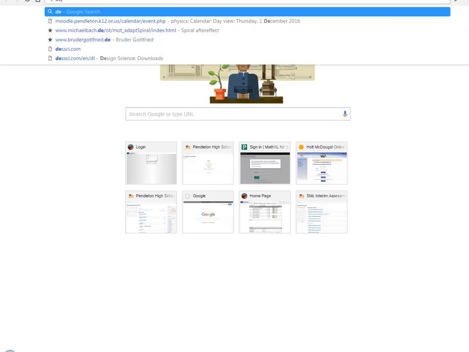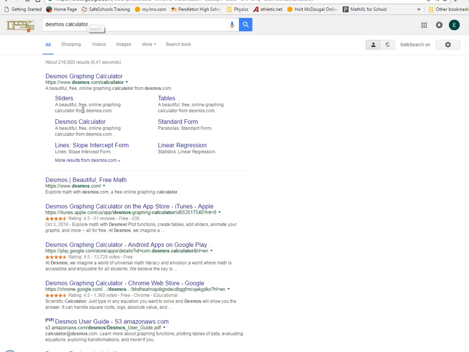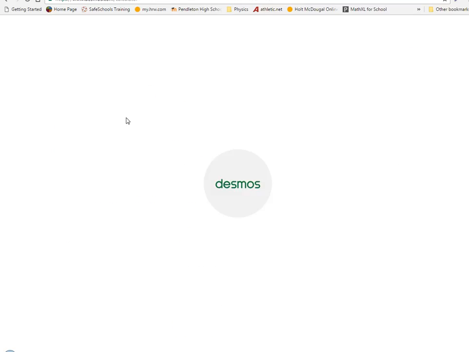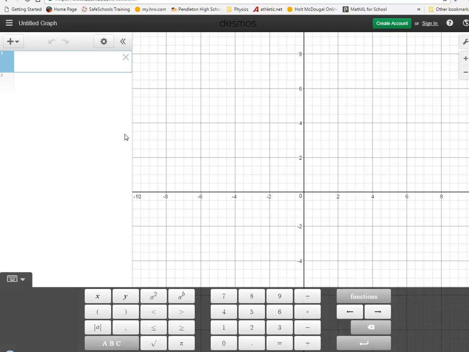But if you pull up Desmos, and I think I'm going to start linking to this on the questions, so you can just go to a link and it'll take you right to Desmos in another window.